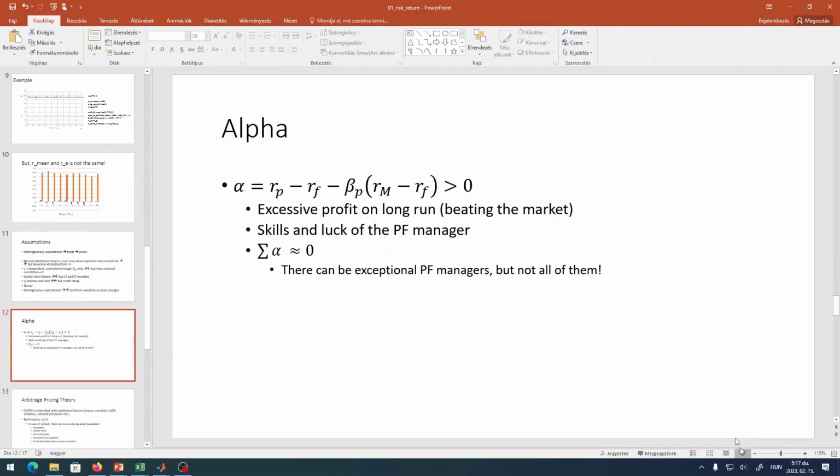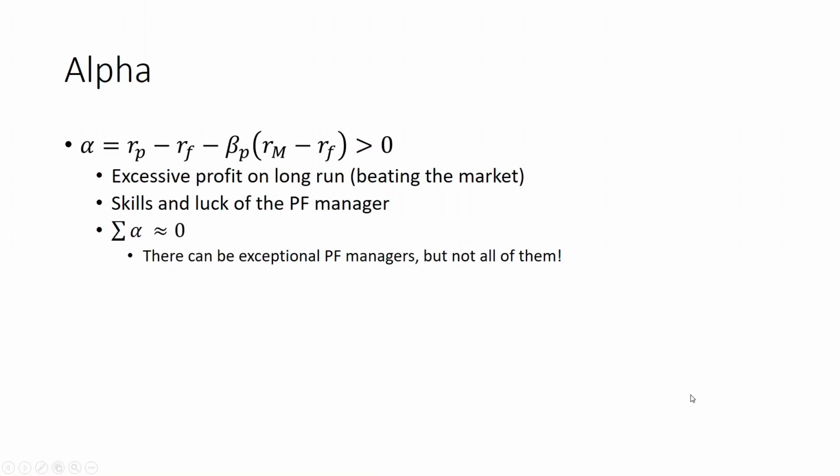And obviously, alpha can be the other holy grail of the investment market. So if a portfolio manager is exceptional, then they can have some excess profit on the market, which is usually happening. Just the book is quite pessimistic at this level, so usually the historical average of the alpha is 0.